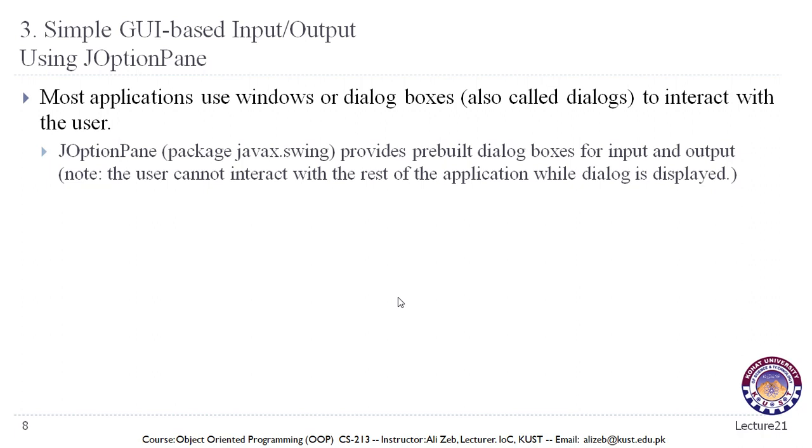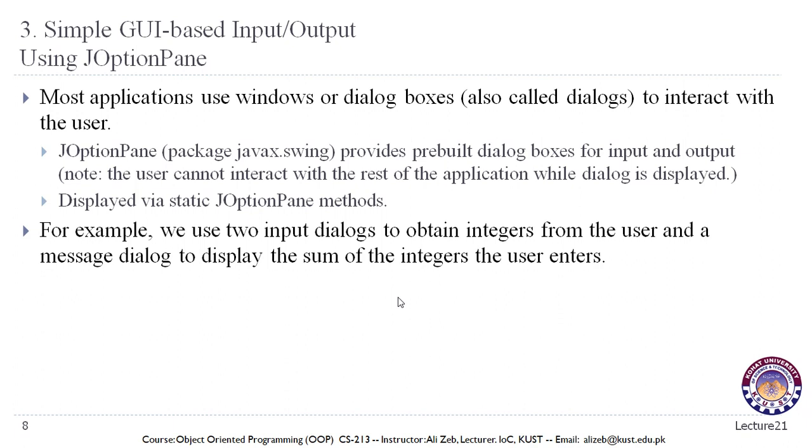We will look at an example of JOptionPane as well. It can take input from the user and provide the results on the screen, displayed via static JOptionPane methods. For example, we use two input dialogs to obtain integers from the user and a message dialog to display the sum of the integers the user enters.